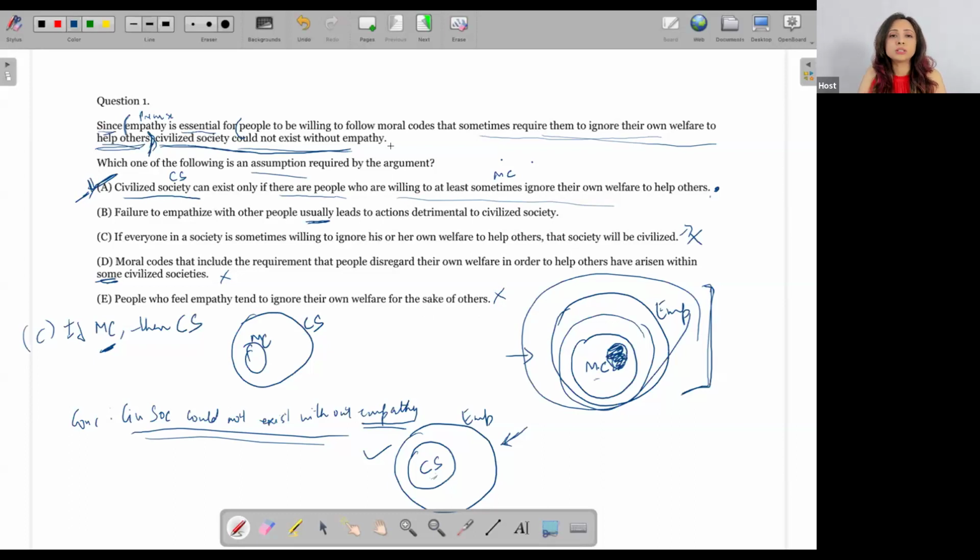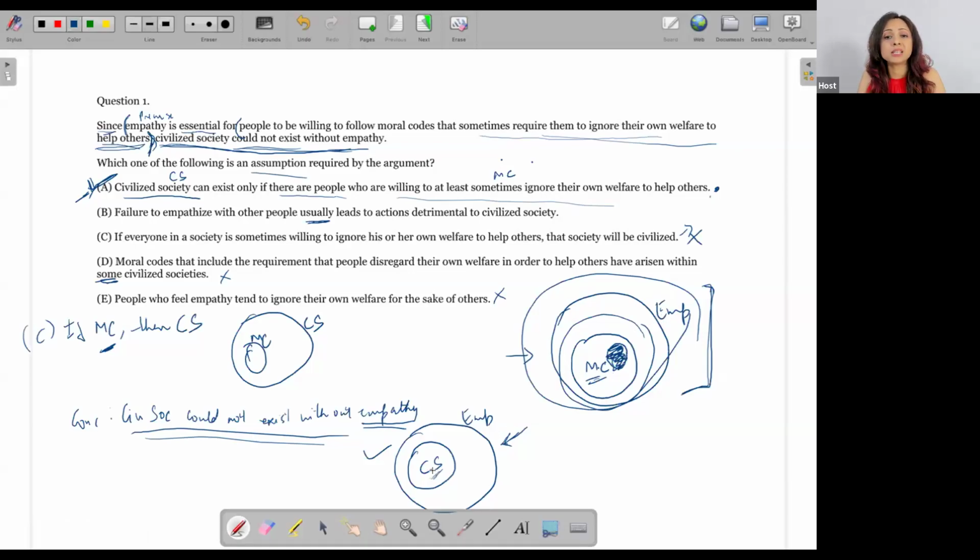Look, we draw the diagram of what is given to us, that this is the particular data that we have. Then we say, okay, this is what we are required to conclude. But there is a big gap because civilized society is not even mentioned over there. And I need something that tells me why empathy is necessary for civilized society. All I know is that MC is inside the empathy circle.